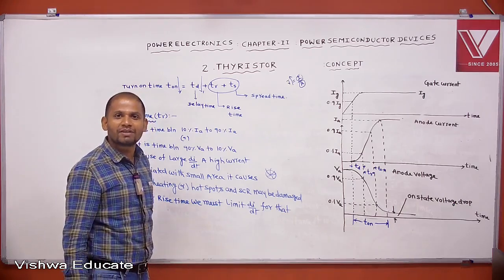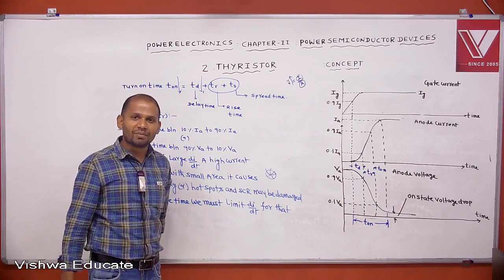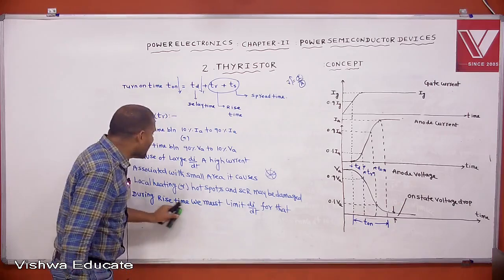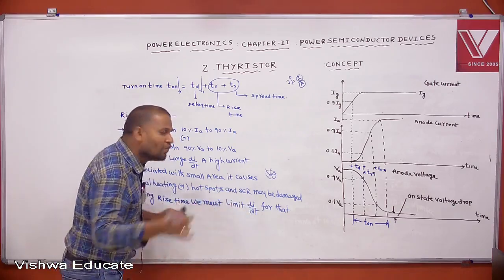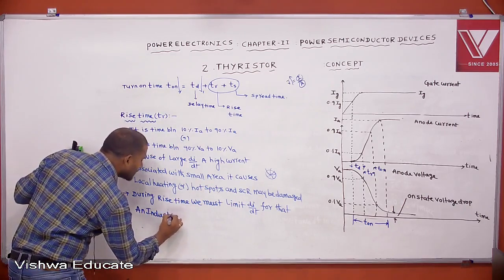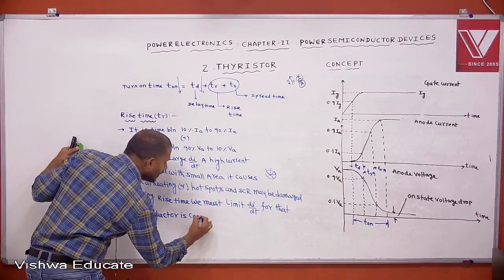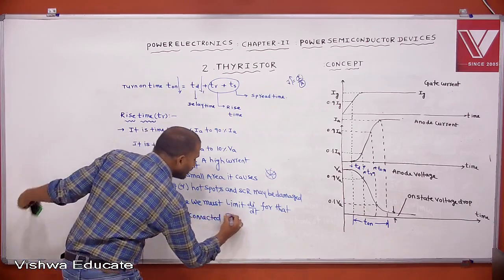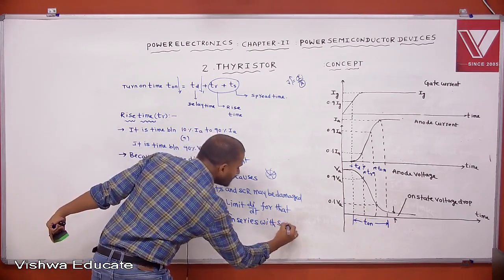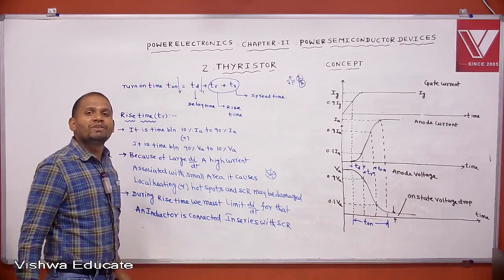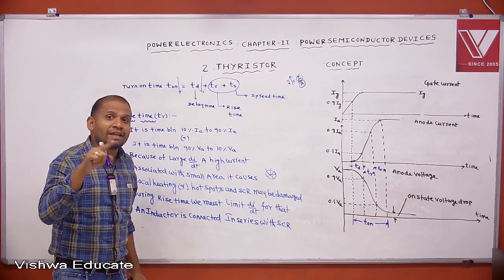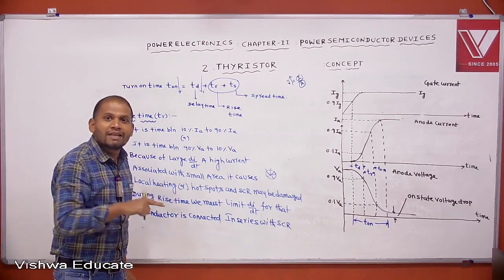You know the properties of inductor and capacitor that you studied in the fundamentals. Initially, an inductor acts as an open circuit. So to limit di by dt during rise time, an inductor is connected in series with the SCR. But what is the problem with the inductor, you tell me? No doubt at all, the inductor cannot allow the sudden change of current. Then the SCR is protected.